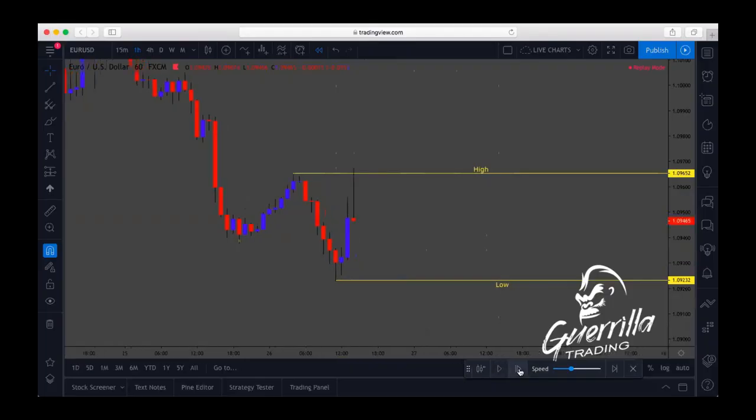And as you can see, price is now pulling back up. And again, we've just taken out this most recent high. But how are we taking it out? Well, straight away, we've seen this candle take out the high and pull back. So this is giving us an indication that price action is going to go down, because it hasn't broken this high impulsively.